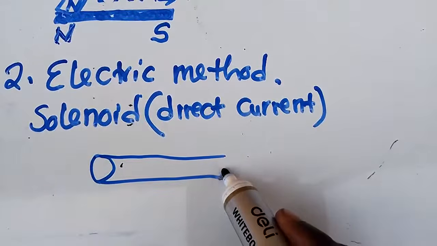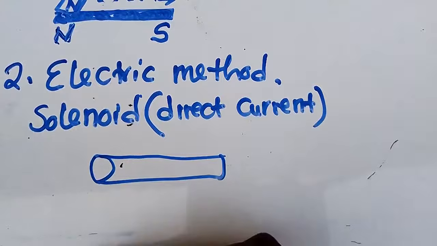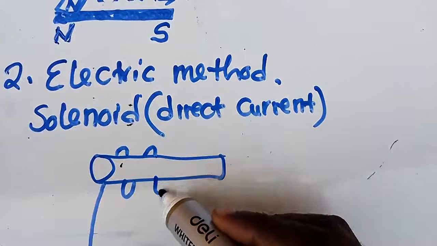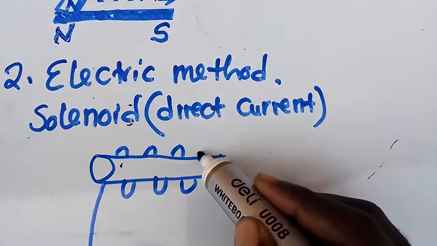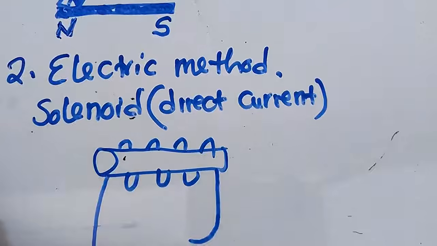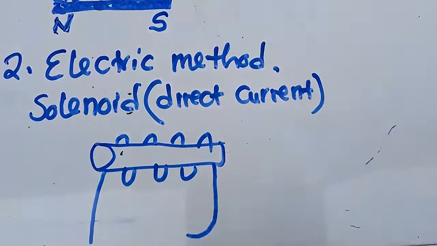I'm going to put this, then there are coils going like this. Have you seen the way they are moving? Then we've got a cell here. This is what we are having.